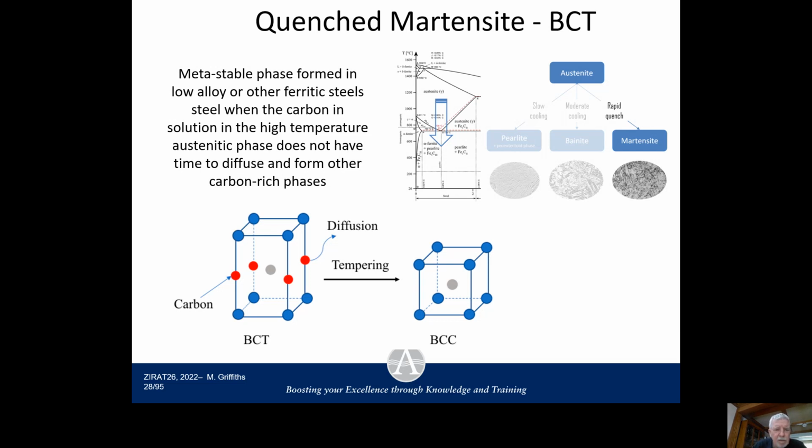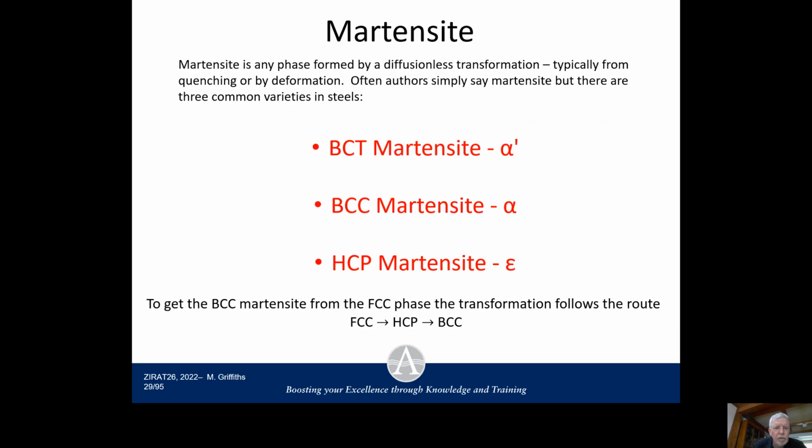It is a displacive transformation. So there are three types of martensite. There are the BCT form, the gamma alpha prime, the BCC form, the alpha, and the epsilon. Now, you only call them martensite if they were created by the displacive transformation from another phase.